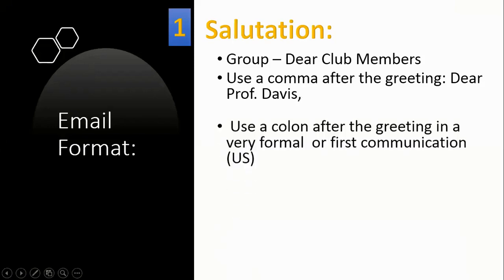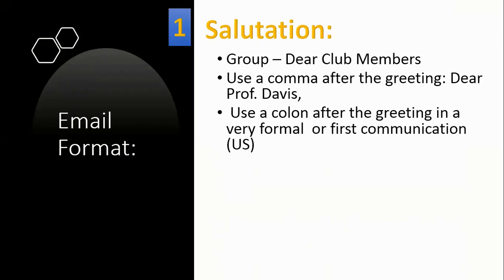Use a colon after the greeting in a very formal email or the first communication in the United States. So in the United States, we use a colon instead of a comma for very formal emails. So, Dear Professor Davis, use a colon.